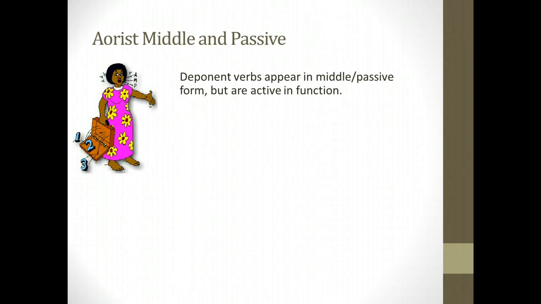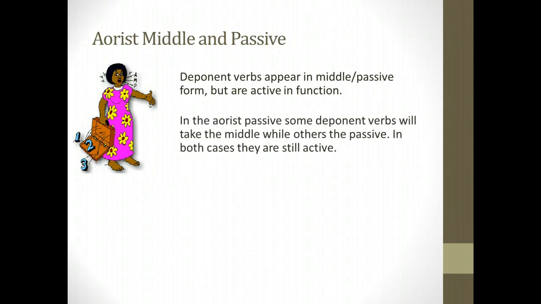But because we have two different types of middle and passive endings for the aorist, what we discover is that in the aorist, some deponent verbs will take the passive endings, while some will take the middle, and then some are actually going to take either one. No matter what ending it takes, middle, passive, or whether it can take both, the translation for the deponent verb is as it always has been so far this term. It is always going to be in the active voice.